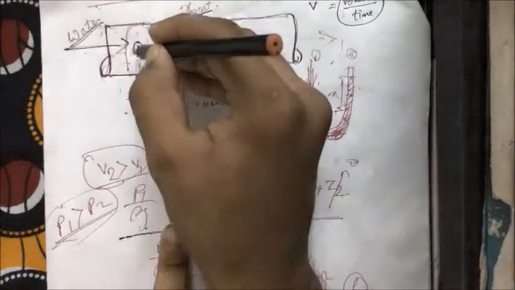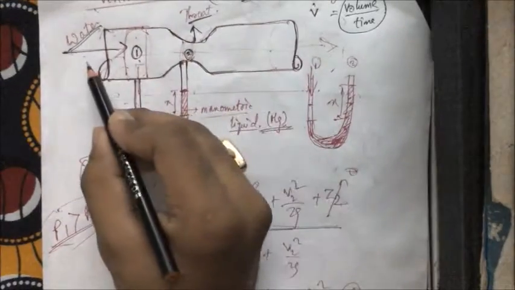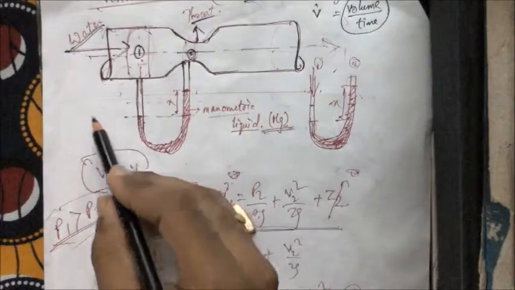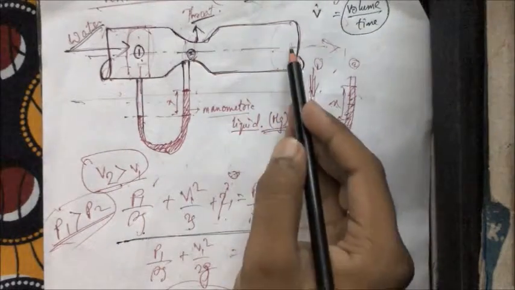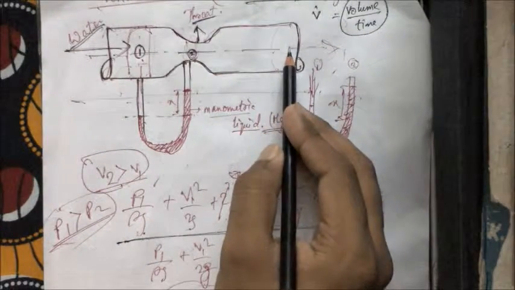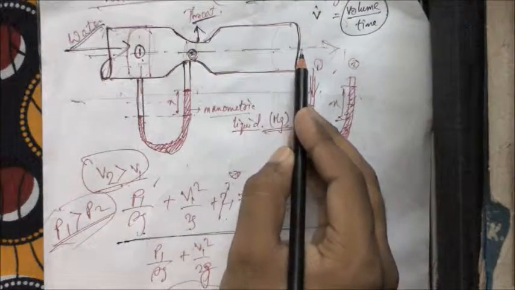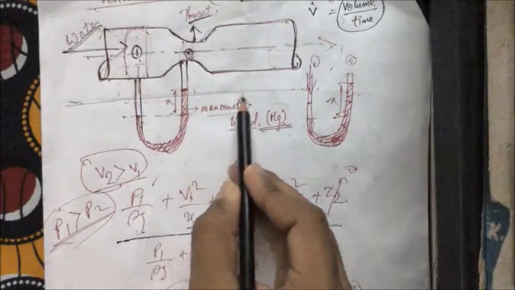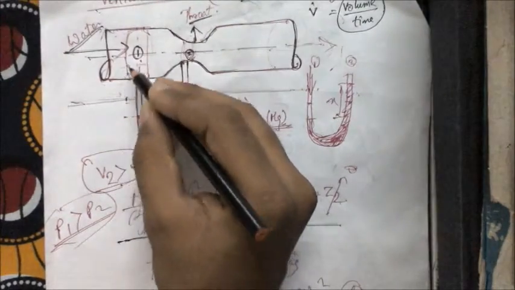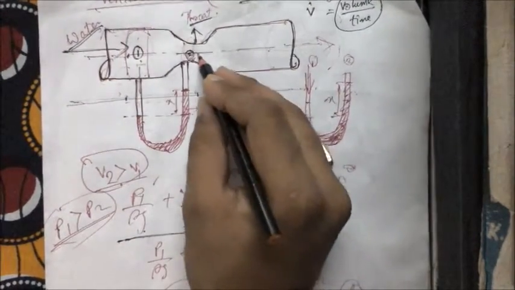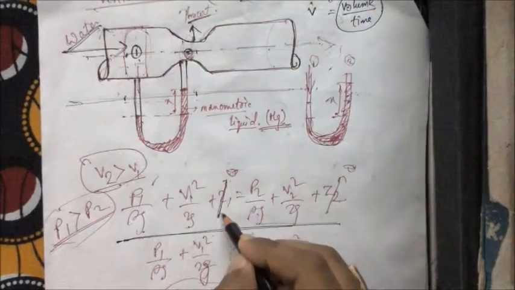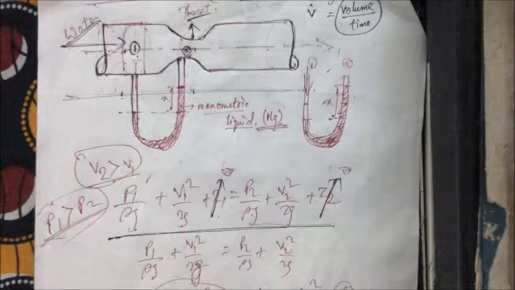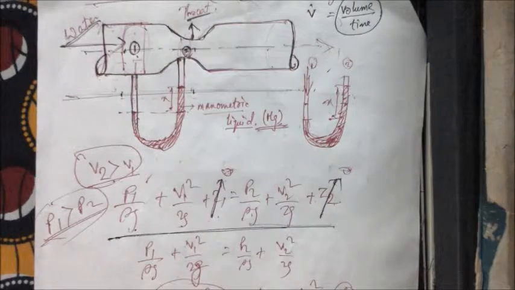Now you can see that the elevation, if this is the center of the pipe and you assume this as your datum, then Z1 is 0, Z2 is 0. The height from this point to this point and this point to this point is the same, so Z1 cancels off with Z2. So the matter is the same whichever point you consider as datum.